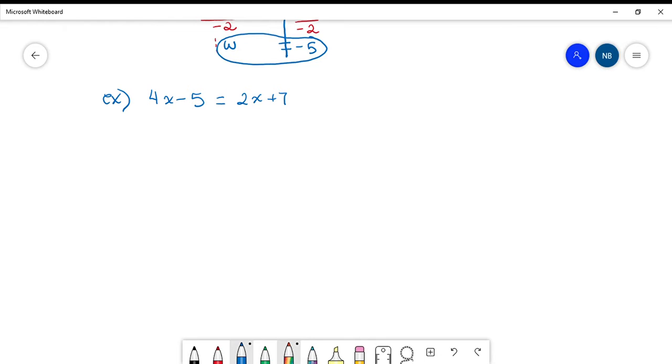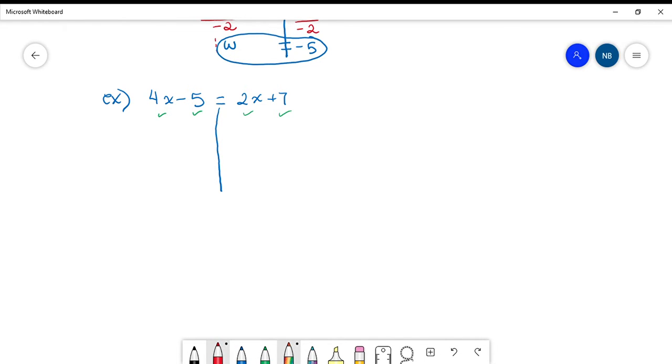Well, 4x minus 5, those are not like terms, so that cannot be simplified. Note, if you just want to count, you have two terms. On the right-hand side, 2x plus 7, those are not like terms. I have two terms. I can't combine them. This thing is as simple as it gets, so we have to proceed immediately to solving.